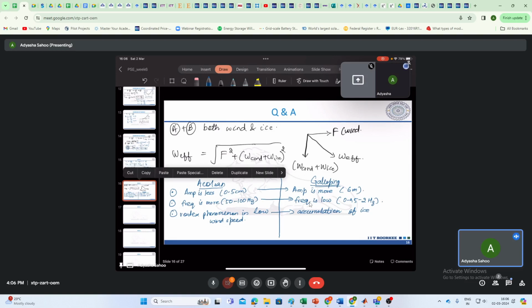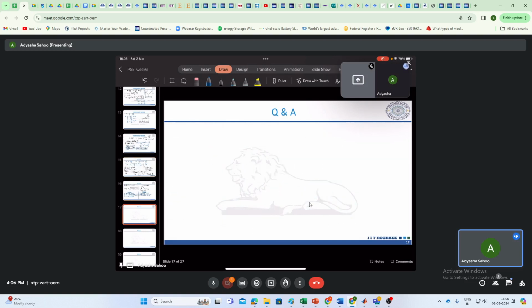So I think now we can see the questions for the assignment. First question: temperature increase produces the following effect on a transmission line.